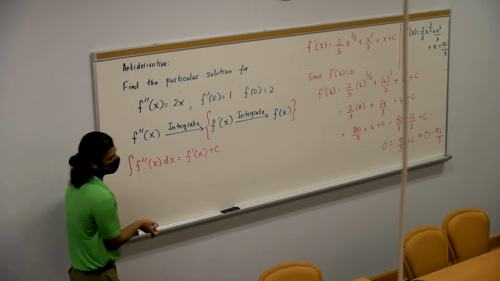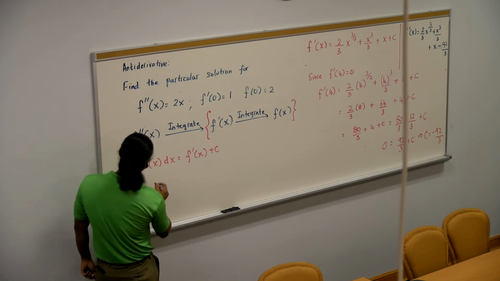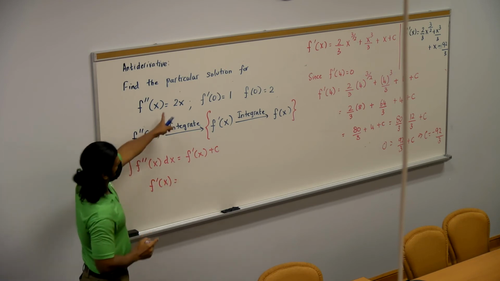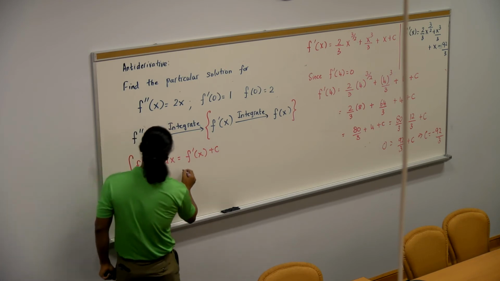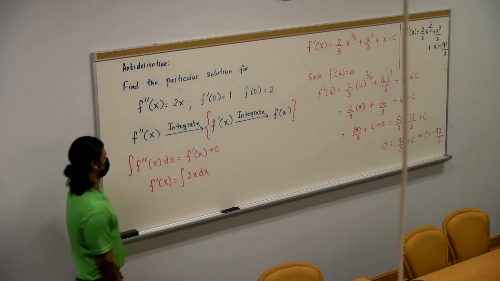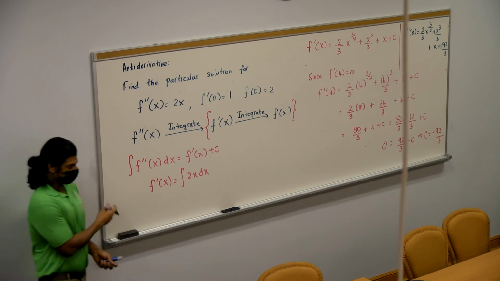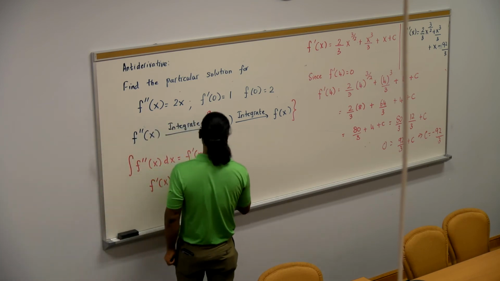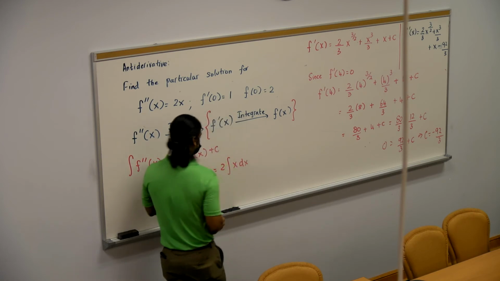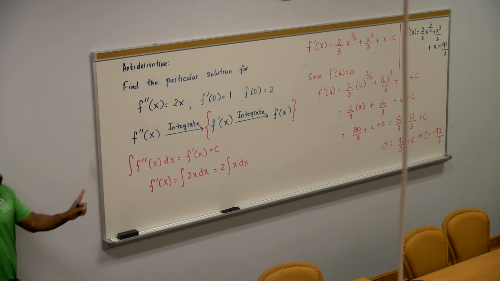So we need to find f prime. How do we find f prime? Well, we have to integrate that. If you have a constant multiplied to x, you can pull the constant out. What is the power of x? 1.